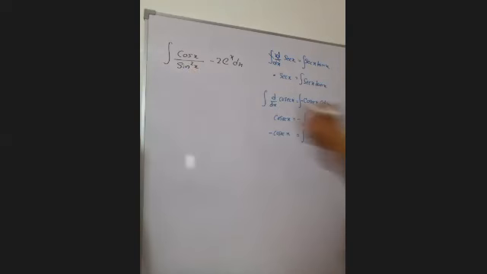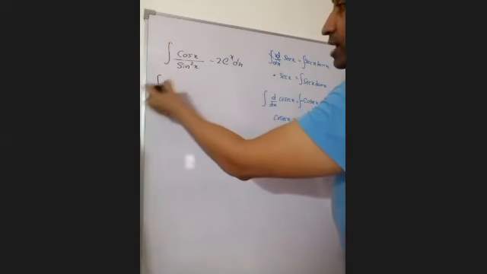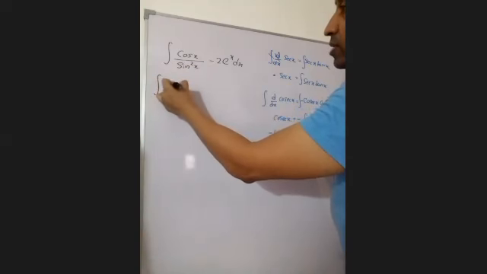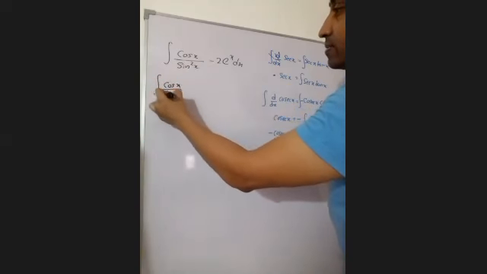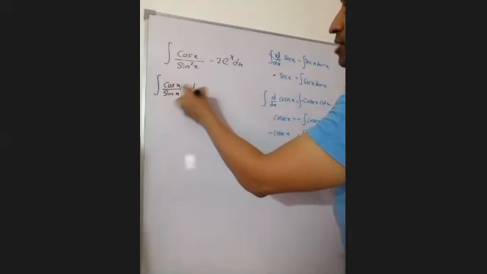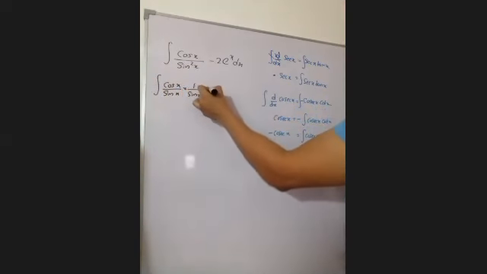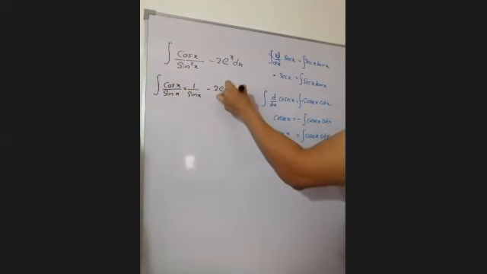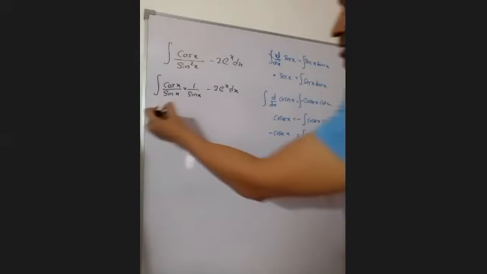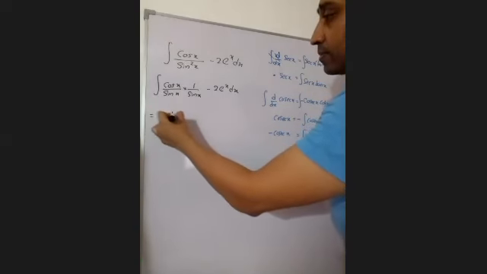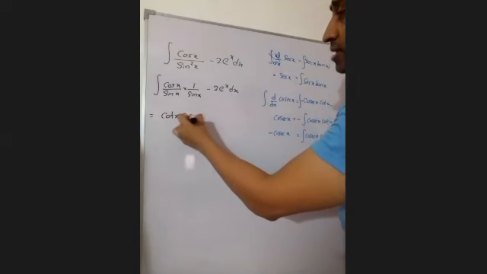Now you can simplify this expression like this. Cos x over sin x into 1 over sin x, plus 2 e to the power x dx. Then we know that cos x over sin x is cot x, and 1 over sin x is cosec x.